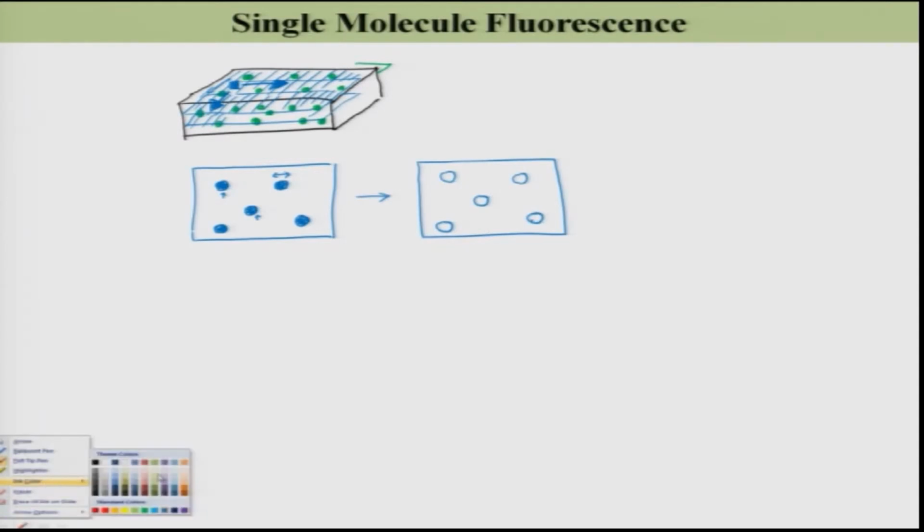What you are going to see is that some of them are light, some of them are dark. It means that the intensity is more for some, and for some the intensity is even more. So, there is some distribution in the intensity. Does it mean that more than one molecule is present?